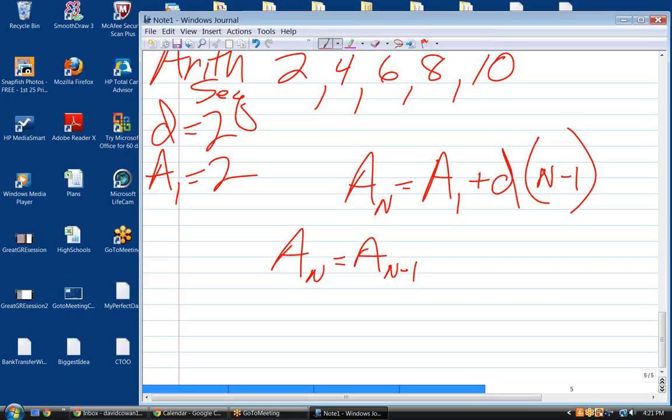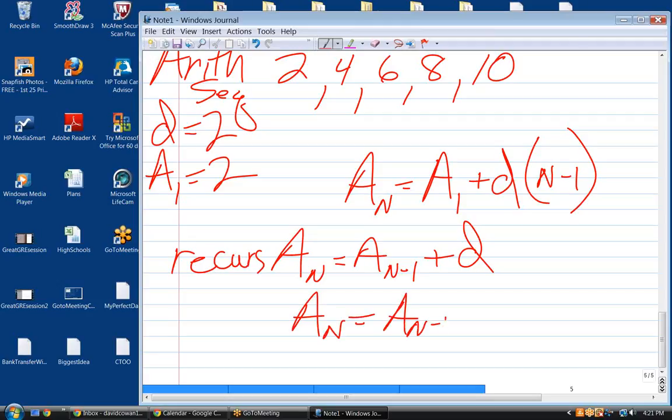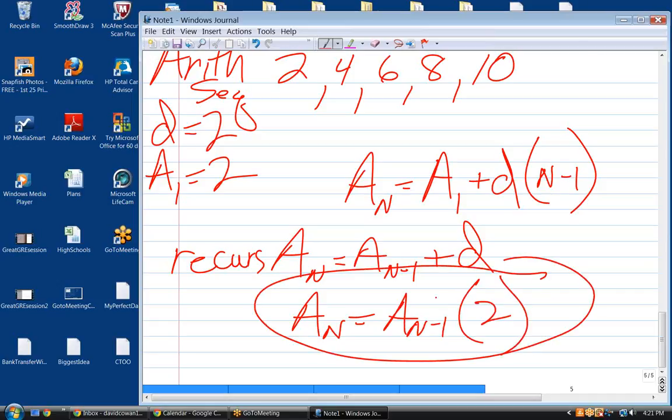What is it in this case? It's the previous term plus the difference. It's as straightforward as that. So this is recursive. And so now we have a sub n equals a sub n minus 1 plus 2. So there's the specific one for our sequence.